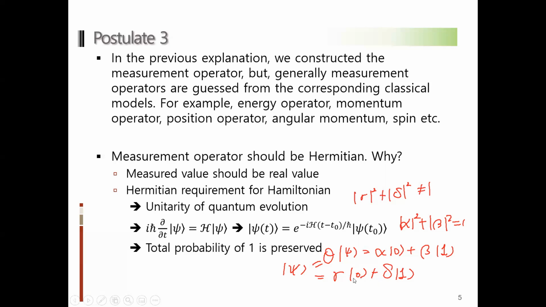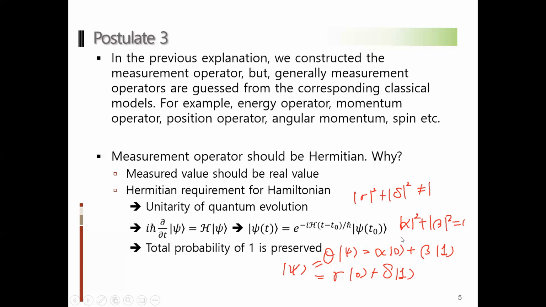If the total probability of measuring either 0 or 1 is different from 1, then we are missing something, because there is no other possibility of measuring some other value, but the summation of the probabilities is different from 1. Then there are some cases which are not being explained by this quantum state.